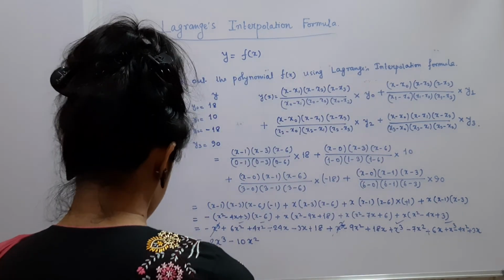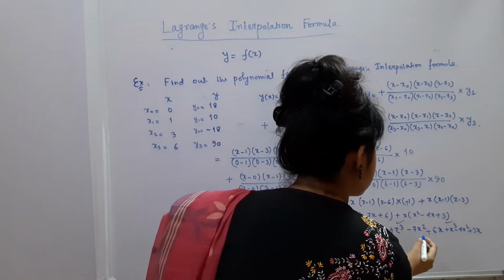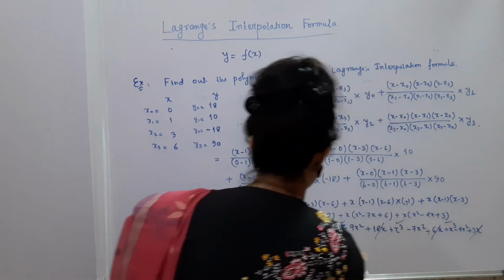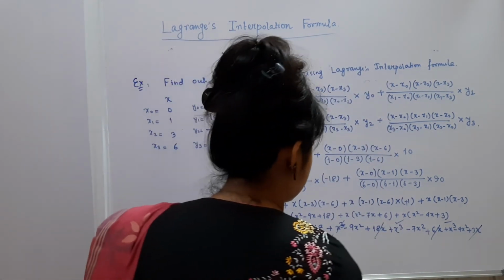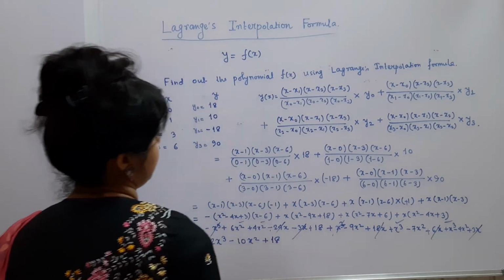And finally 18x, 6x is 24x, that is 27x, this is minus 27x, and therefore you are left with only 18.